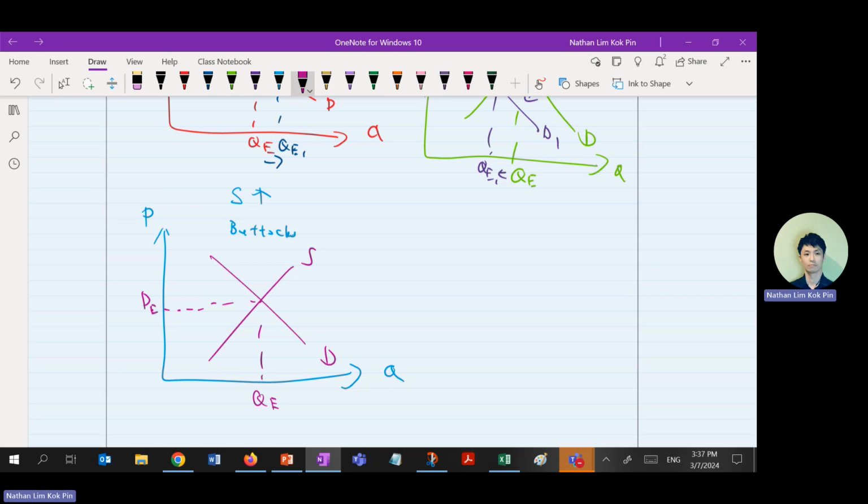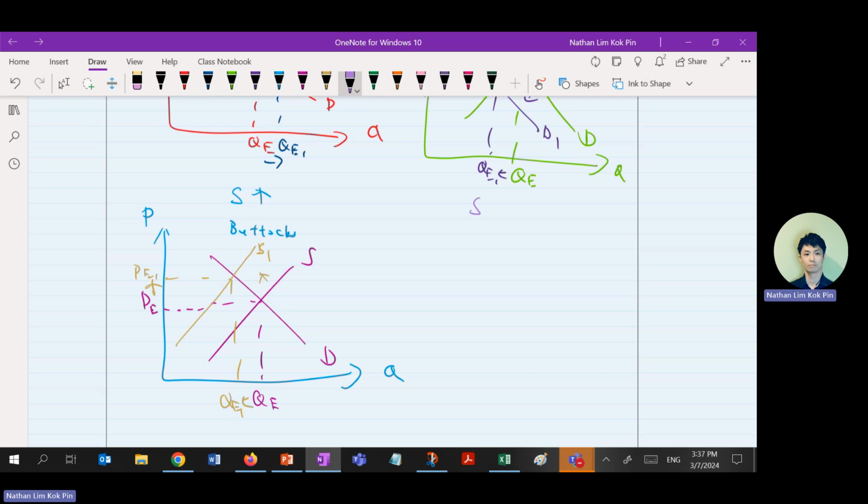Using lifeblood to hatch chicken results in chicken buttocks having more poison. So they don't dare to use this technology anymore. So for this, it is related to technology improvement. So the supply will shift to the left, and this one PE1 increases, but at the same time, QE1 will decrease.